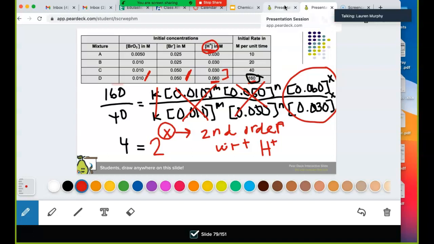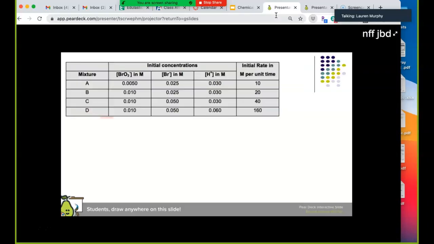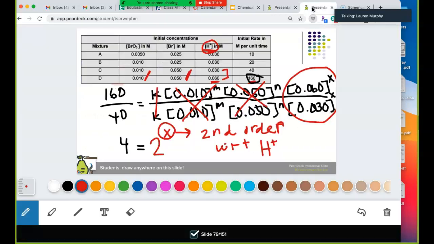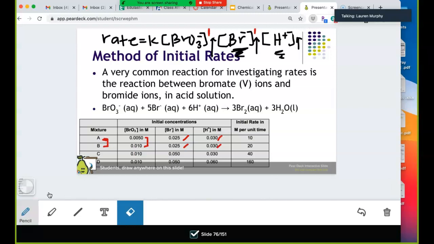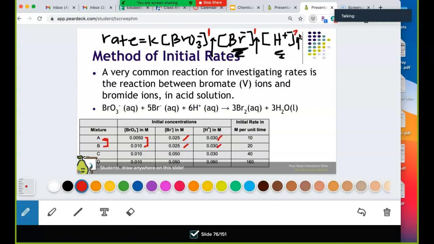So if I go back to my original rate law where I hadn't had the orders yet, we know that bromate is first order. We know that bromide was first order, and now we know that hydrogen is second order. In other words, when the concentration doubled for hydrogen, the rate quadrupled.